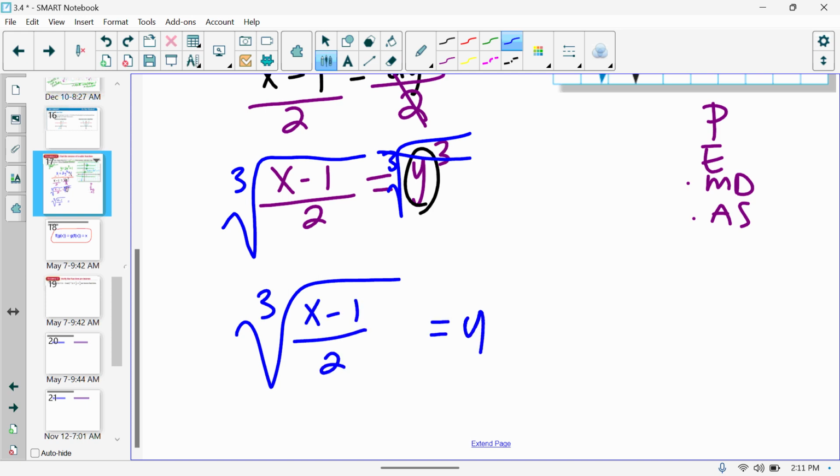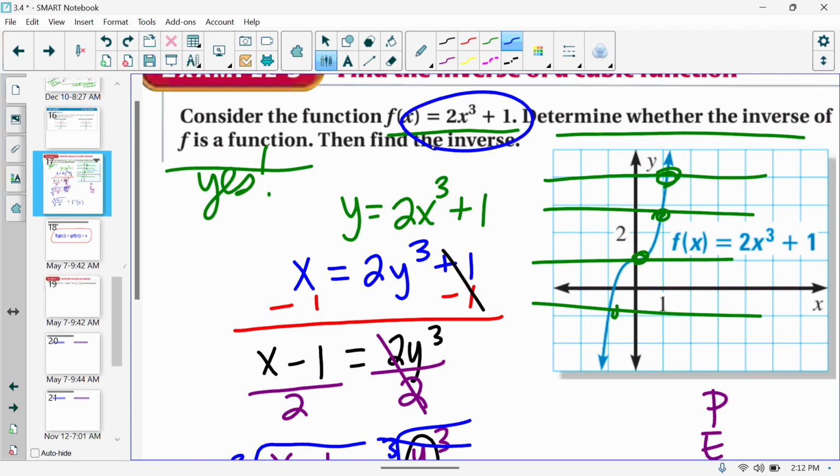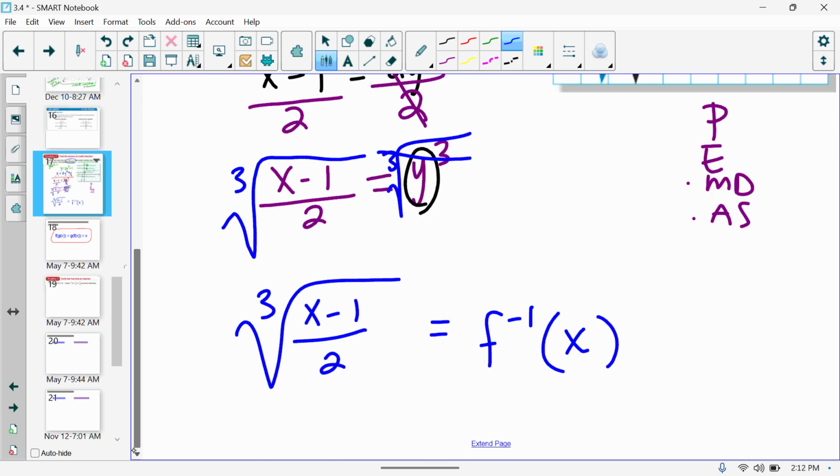Now, instead of y, remember function notation, but now that this is the inverse, instead of f of x, you're going to write f with a little -1, which is the symbol for inverse. You read that as the inverse of f of x, okay? So if you ever see that f with a little -1, that's what it means. If f of x was this thing, then f inverse of x equals this thing.